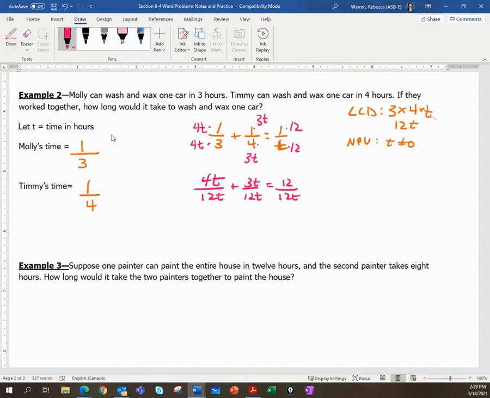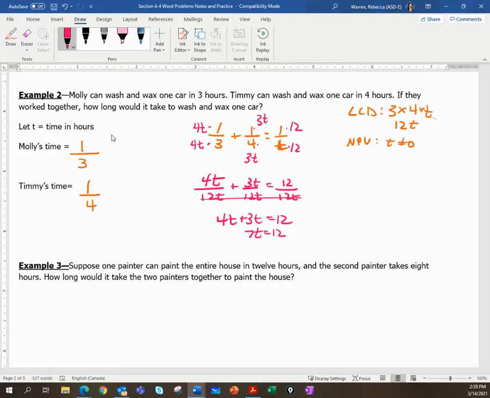Because they all have a common denominator, it means that all my denominators are equal. Therefore, my numerators must also be equal. So I can essentially eliminate those denominators. Now I'm just left with the numerators in order to solve. So 4t plus 3t is 7t. 7t equals 12.